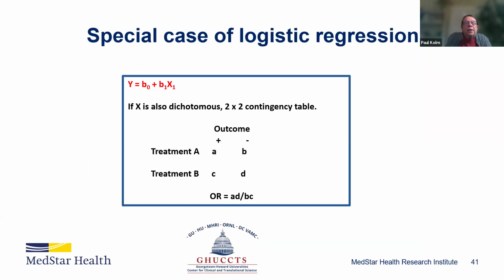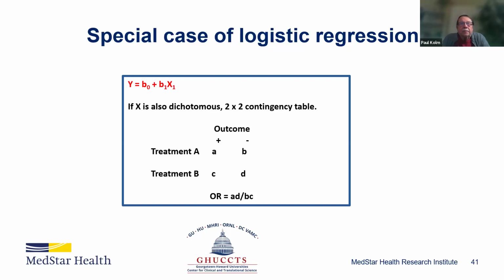So like in the case for the general linear model, we have a special case of logistic regression where if the treatment is dichotomous, and of course our outcome is, then we have a 2x2 contingency table where we can calculate the odds ratio by taking the ratio of the cross products of cell A times D divided by cell C times cell B.